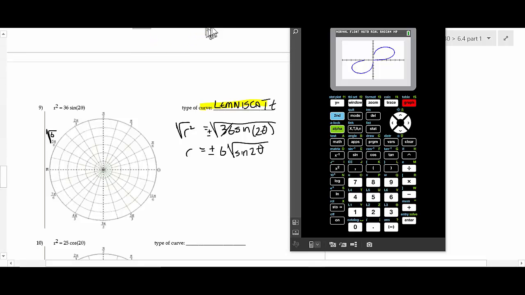Now, all I'm having you do on this is sketch this. In polar coordinates, you can trace. So if you want to get a few points, you can. You can trace at 0, and you have a point 0, 0.